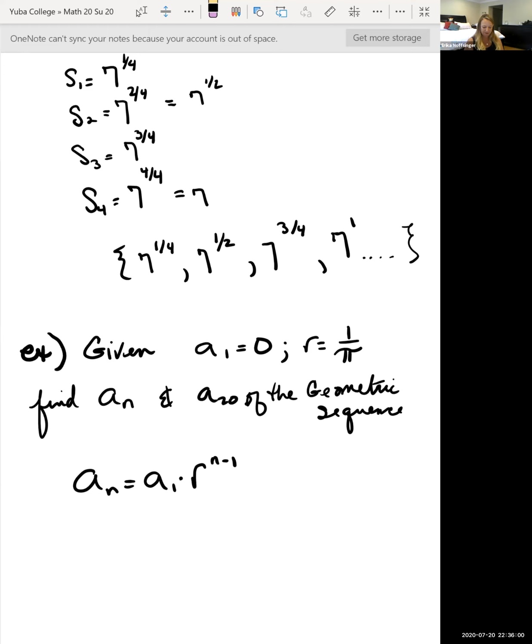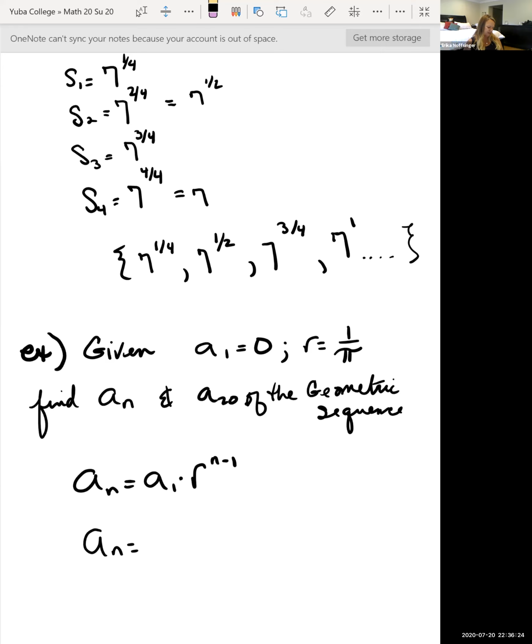What's going to happen here? Actually, this is an interesting one. Where did I just grab that? Because if that's 0, we're always going to get 0, and if you divide by 0 to get the next term, that's undefined.